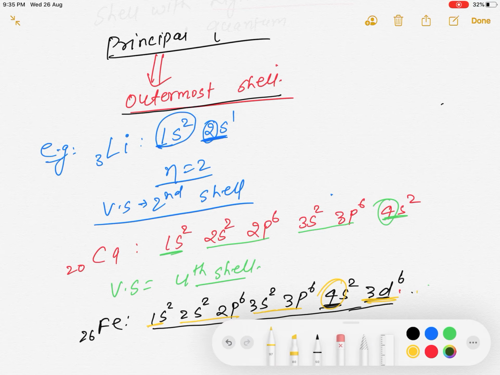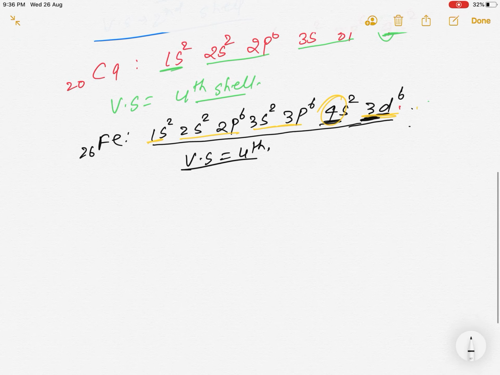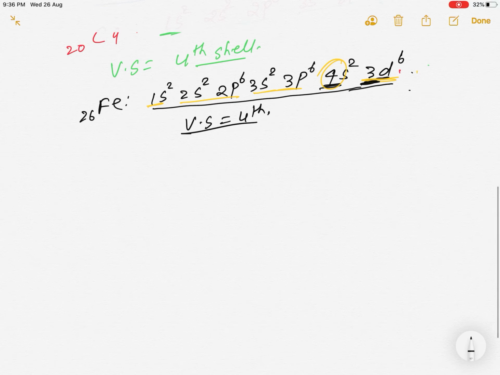That is why the valence shell of iron will be the fourth shell, not the third shell. Remember that. So that's how you find the valence shell for any element. Just write the electronic configuration and look out for the shell with the highest value of principal quantum number.